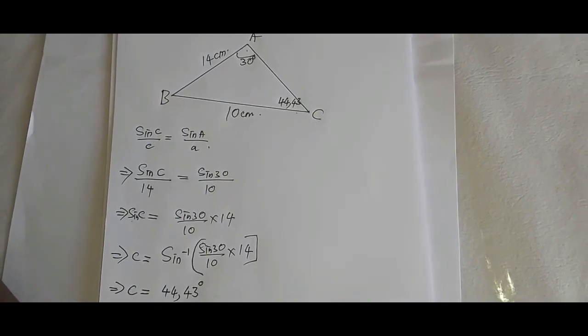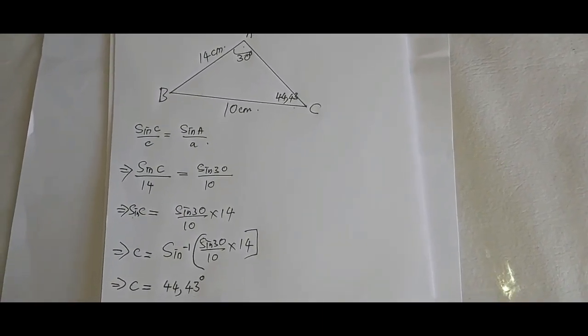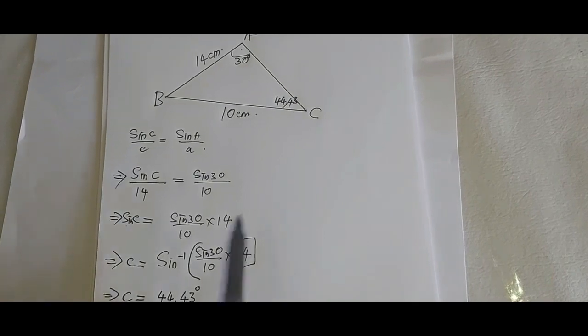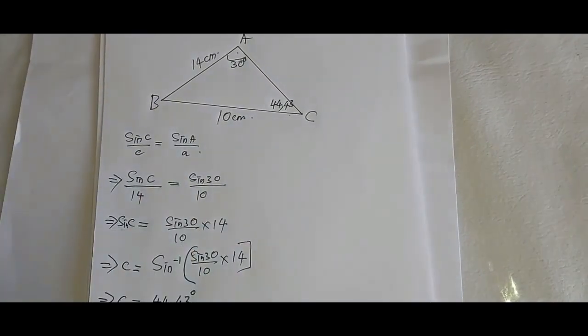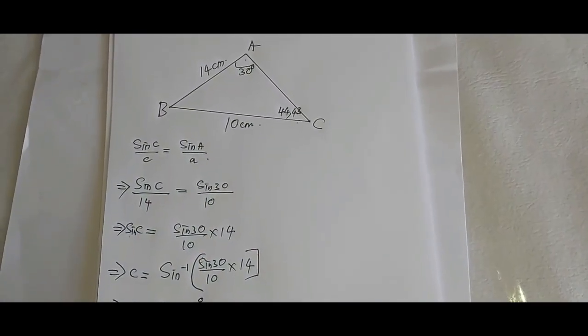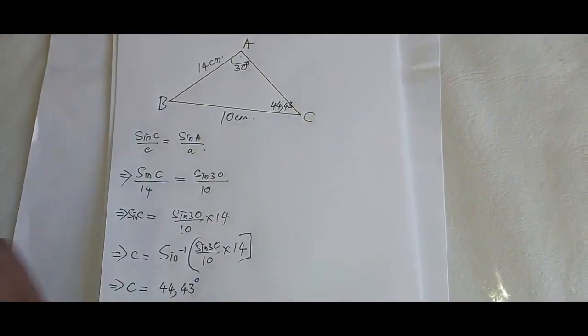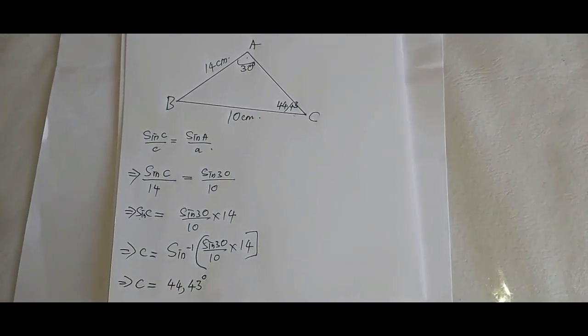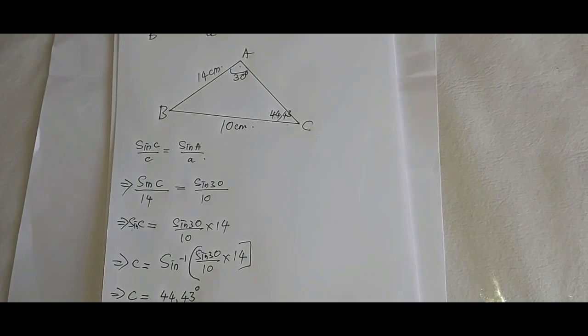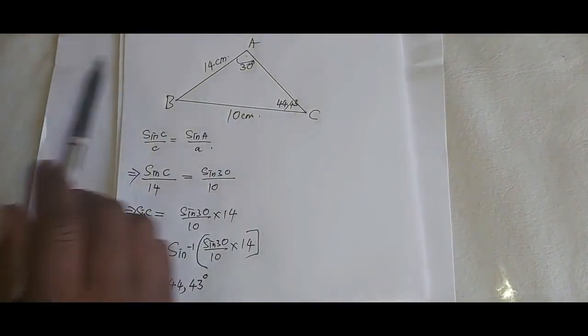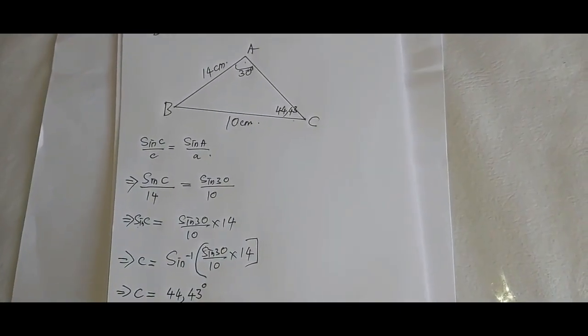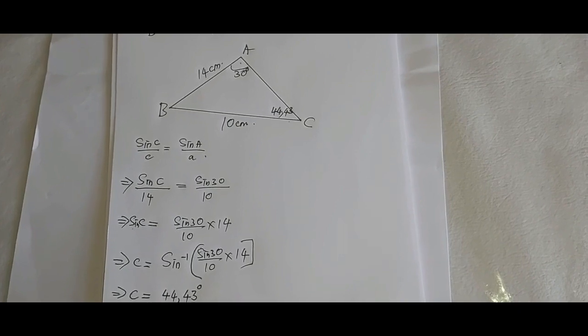Right, as we are solving a triangle, it means you must find all the missing angles and all the missing sides. To find angle B, you use the fact that angles in a triangle add up to 180 degrees, so it will be 180 minus 30 minus 44.43.